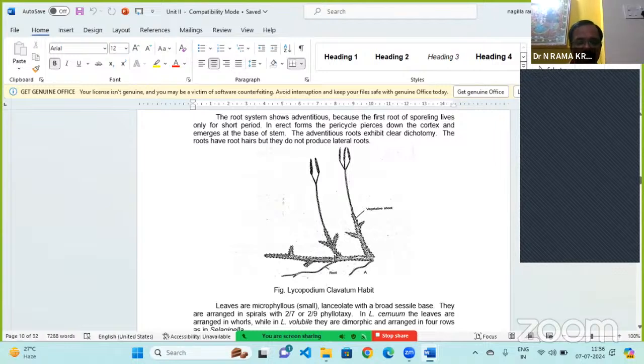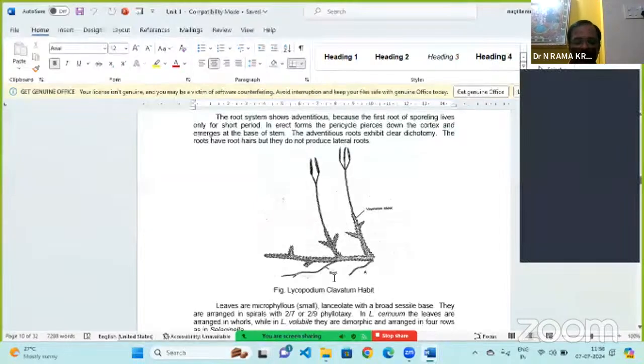Next, the branching of the root is either monopodial or dichotomous. For example, this is the root system, and from above here we look at which one is monopodial. So what is monopodial?